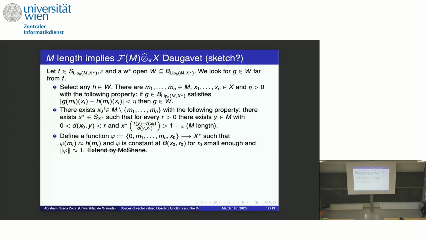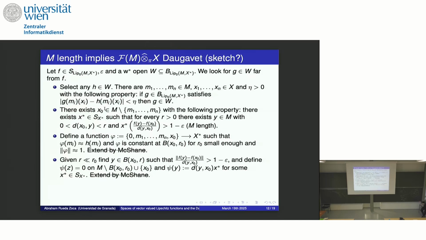So, big problem here. And of course, we wanted to apply the McShane extension theorem on that side, doing something similar, finding a ball and defining a function which is 0 out of a ball and touching the distance here. We cannot do it with the McShane extension theorem.